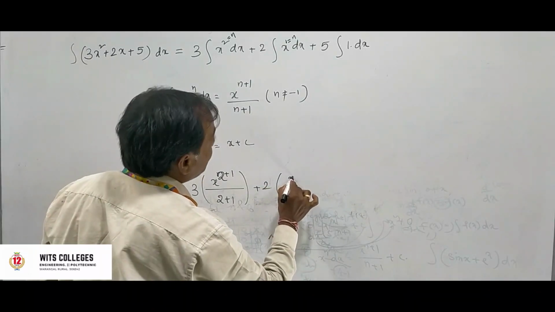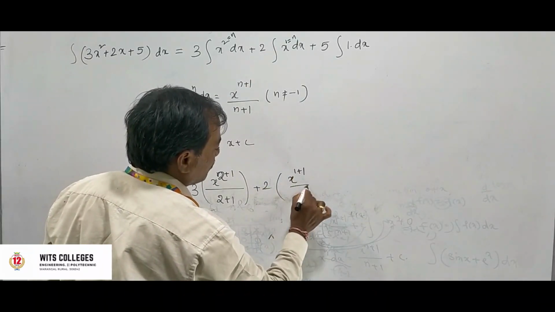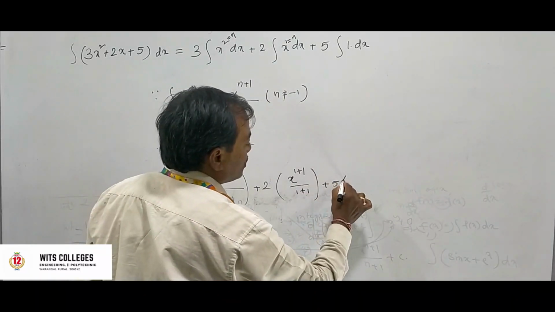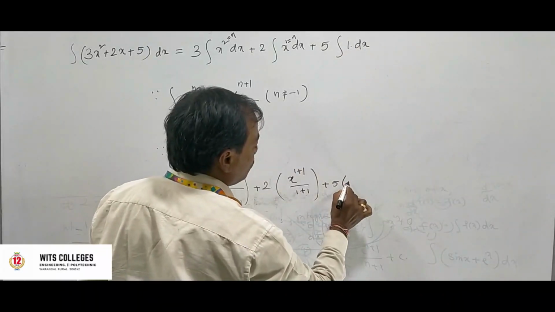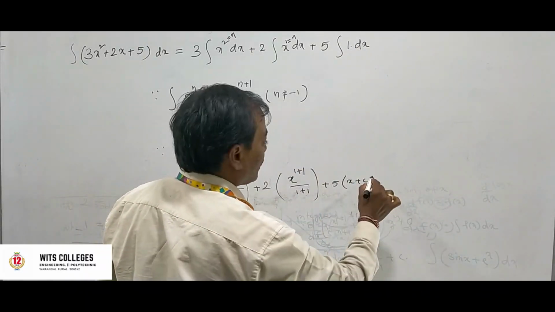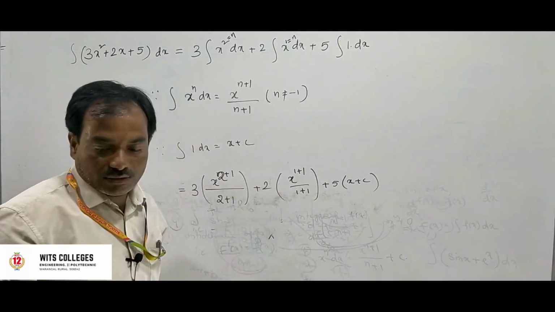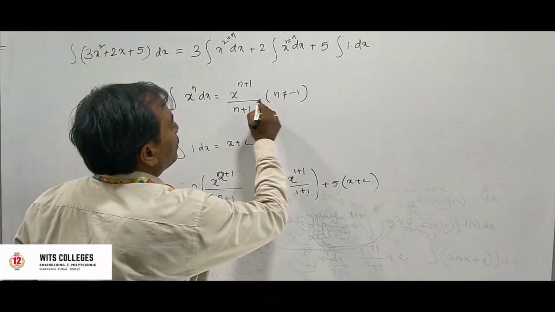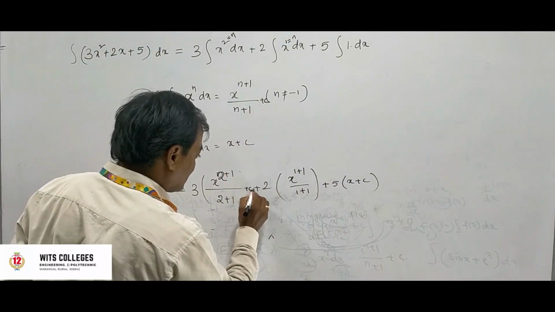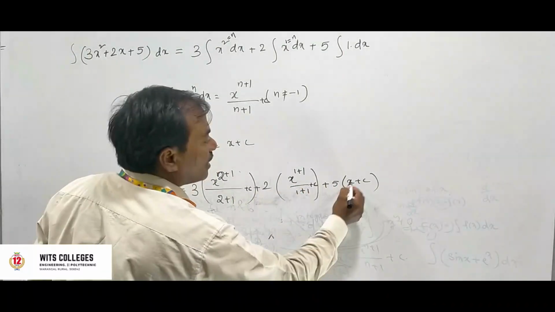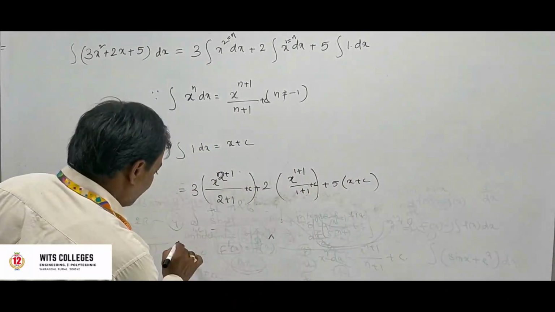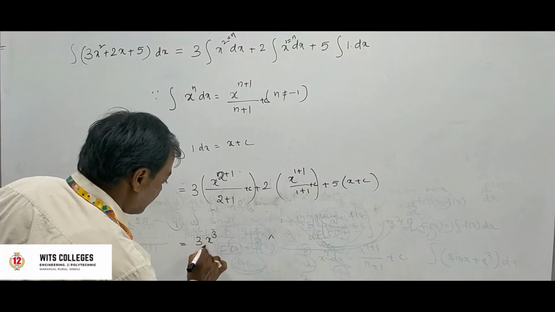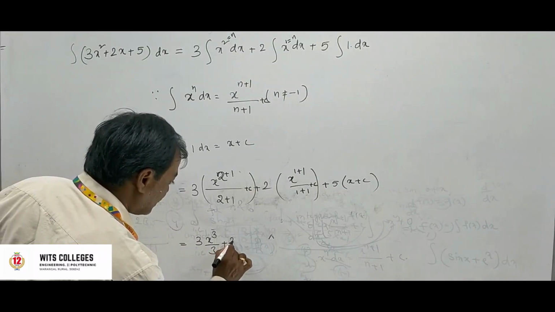So therefore x to the power of 1 plus 1 by 1 plus 1. Plus 5, where integral 1 dx equal to x plus c. So actually here c is also there, plus c and x plus c. So therefore 3x power 3 by 3 plus 3c.